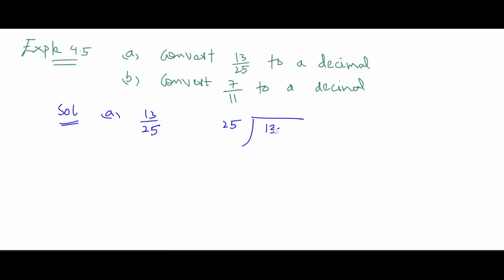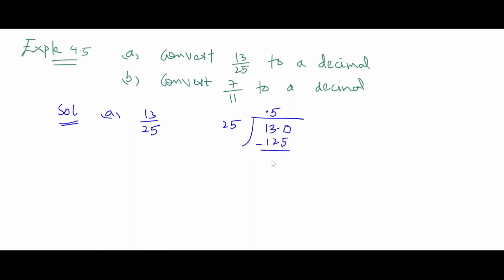When we put the decimal point, there should be a point above on top, and we will put a 0 here, so it's like 130. Now we are dividing 130 by 25. 5 into 25 is 125.